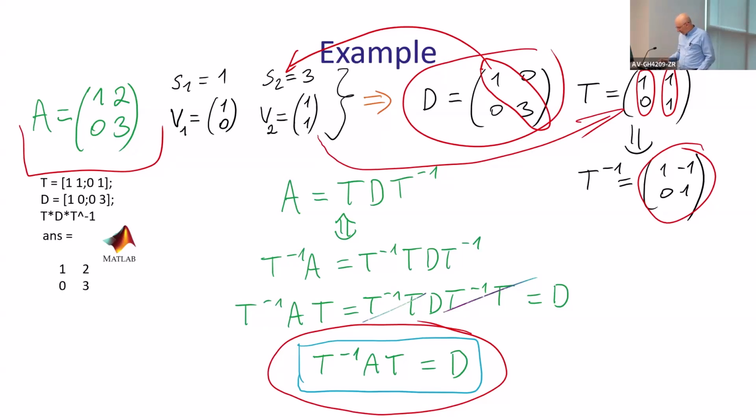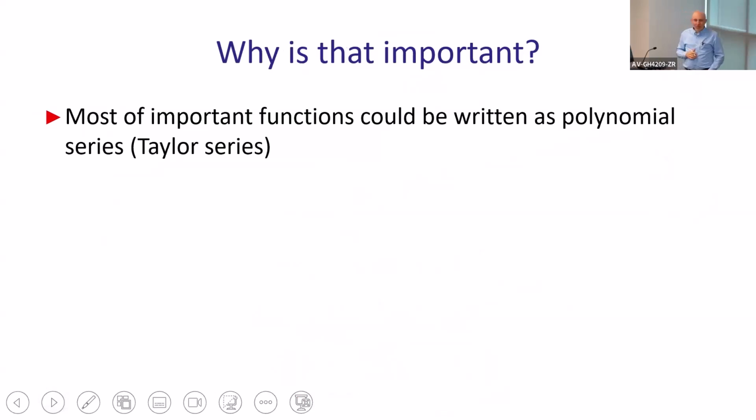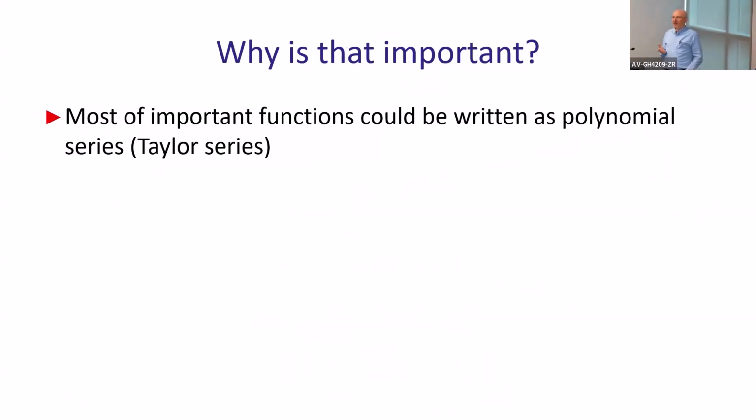So why is it important? This is the key question. Why do we care to convert everything into diagonal form? The reason is that most of the functions that we are interested in have some sort of polynomial taste to them, some sort of powers of matrix A. And computing powers of matrix A is computationally very expensive.